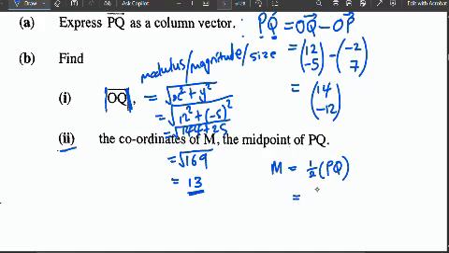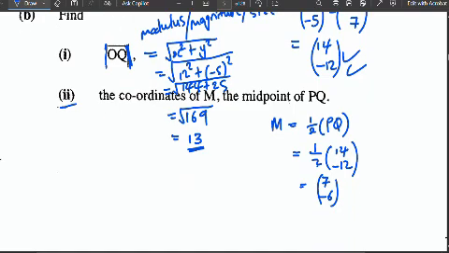So to get M, we just say half of PQ, or we take PQ and divide by 2. So our PQ, we got it here. It was 14 and minus 12. So 14 divided by 2 is 7, and minus 12 divided by 2 is minus 6.